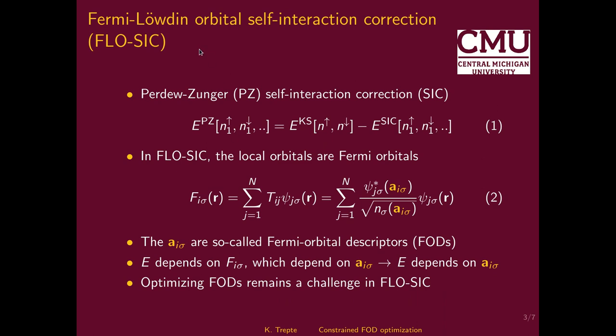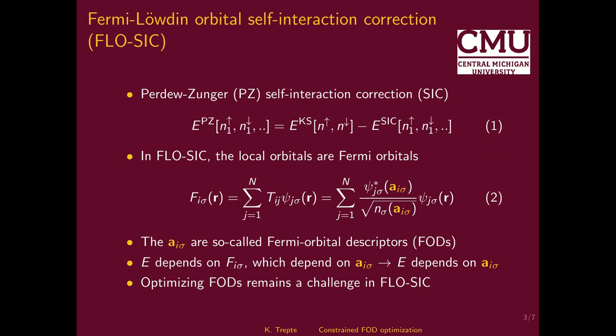And the methodology we're using is the Fermi-Löwdin orbital self-interaction correction, which employs the Perdew-Zunger self-interaction correction functional, which takes the standard Kohn-Sham density functional theory functional, depending on the total density, and subtracts an orbital-dependent self-interaction correction term.